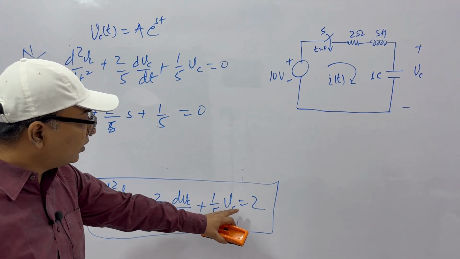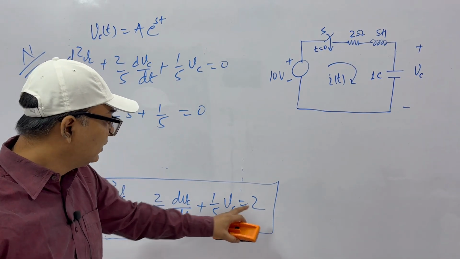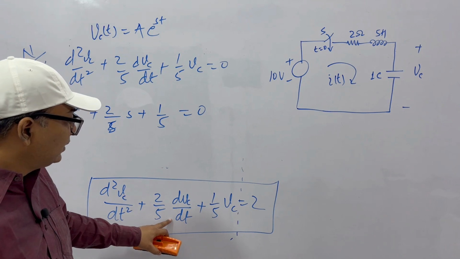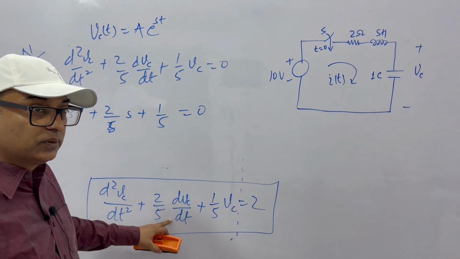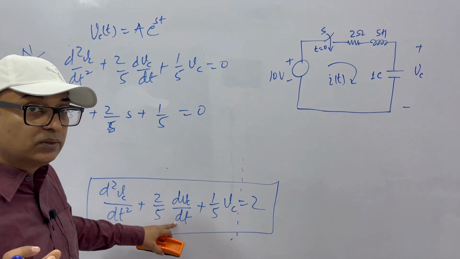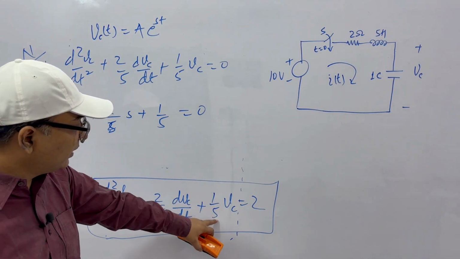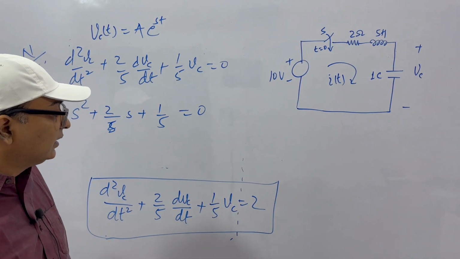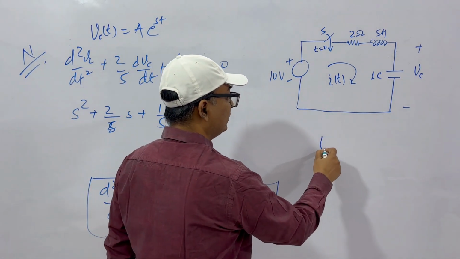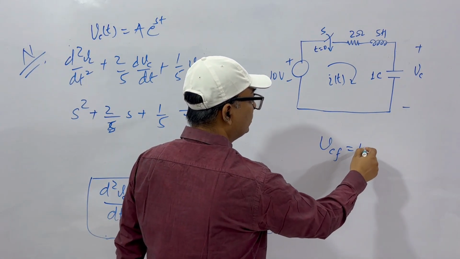When we talk of steady state, dVc/dt, the change of voltage with respect to time, will be 0. Therefore Vc will be equal to 2 into 5, 10. So our Vcf from this equation is equal to 10 volts.